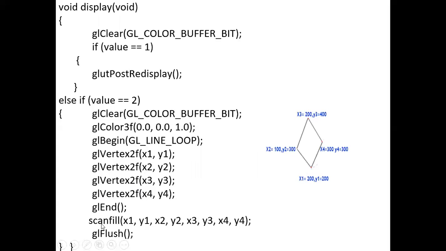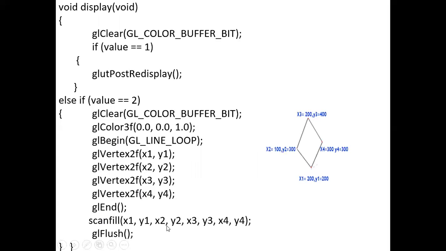Then in this display function I am calling the function called scan fill. To scan fill this entire polygon, how many points are there in the polygon: x1 y1, x2 y2, x3 y3 and x4 y4. That is why scanFill of x1 y1, x2 y2, x3 y3, x4 y4. glFlush forces the activation of OpenGL functions.